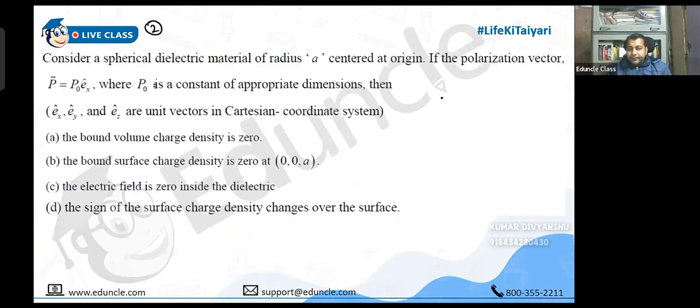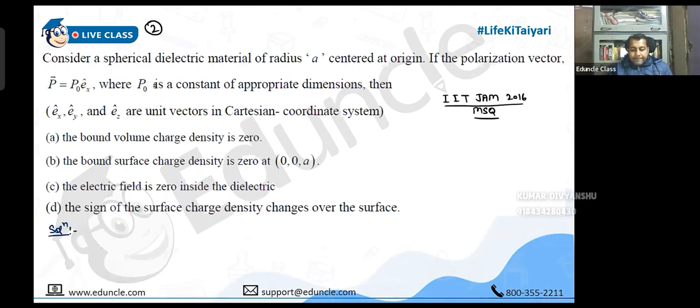Second. Again based on polarization. Durga, partially correct.